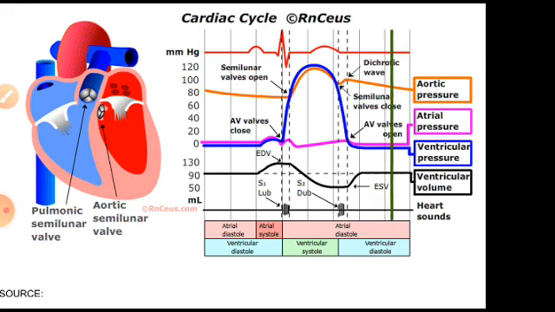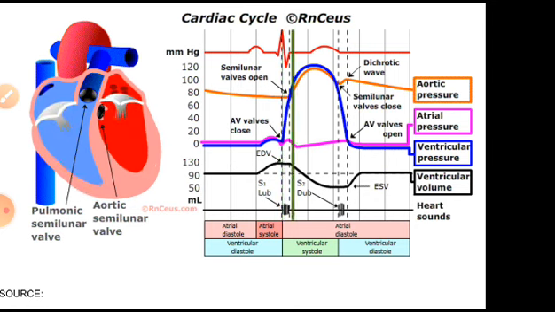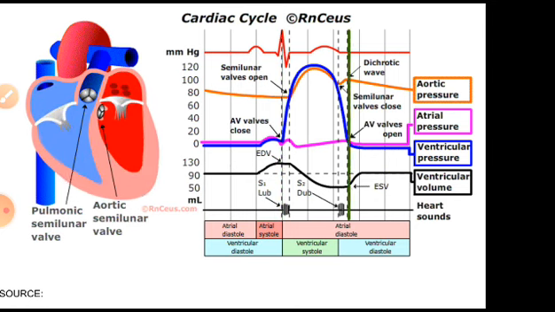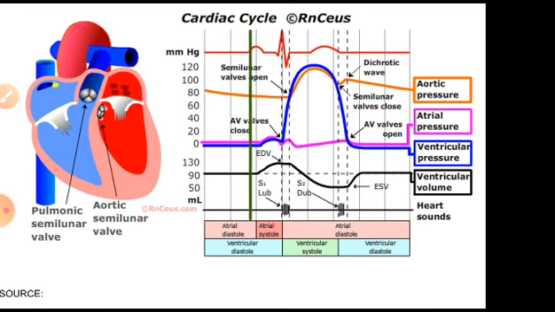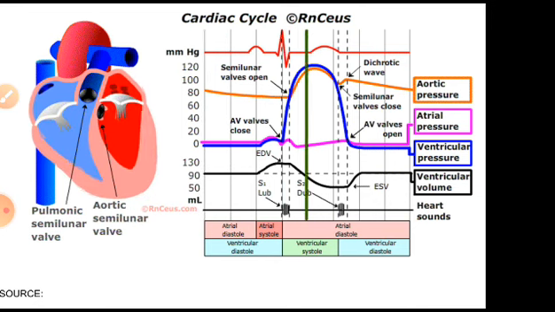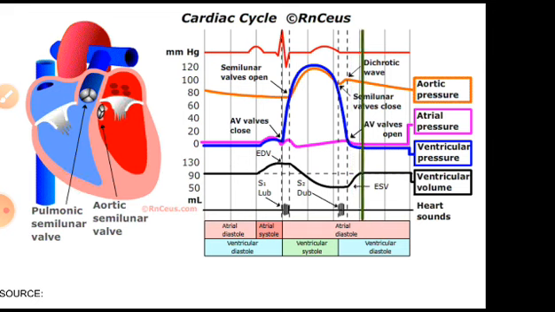In that one cardiac cycle, the impulse is generated, the impulse is conducted, and then again a new impulse is generated and conducted. Like that, one cycle completes by one generation of the impulse.